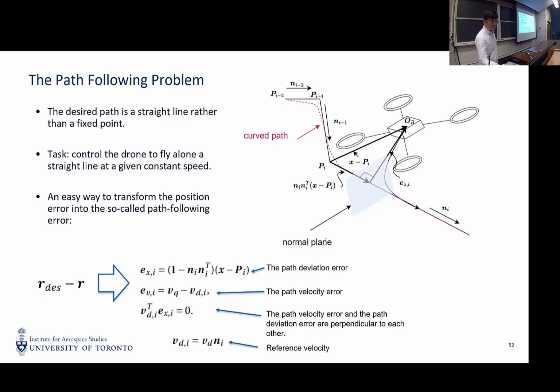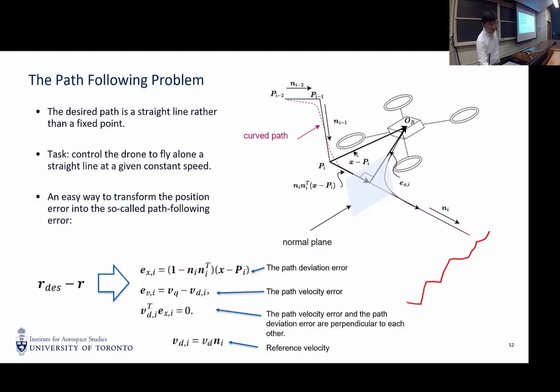Before that, we need a description of the path following control problem. Instead of tracking a curved path, which is very complicated and will be discussed in 1217 next semester, here we look at a simplified case where the path consists of a series of interconnected straight lines.